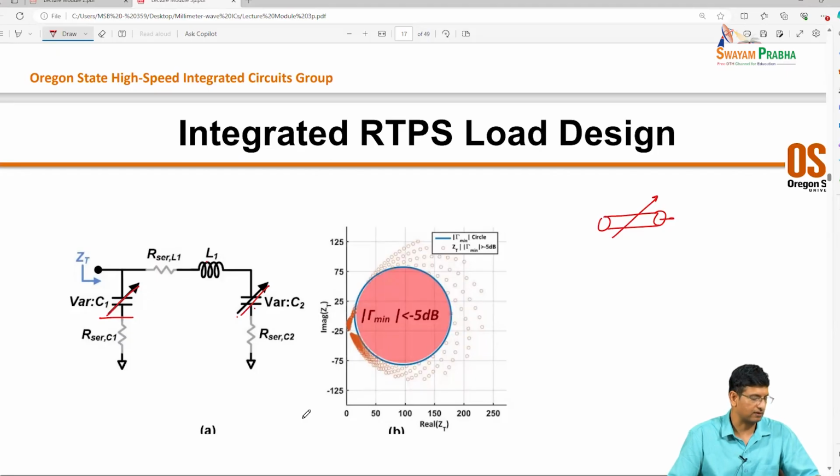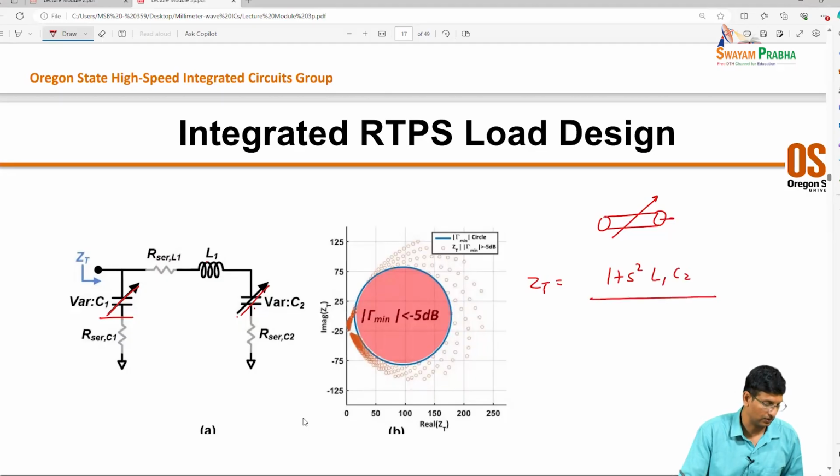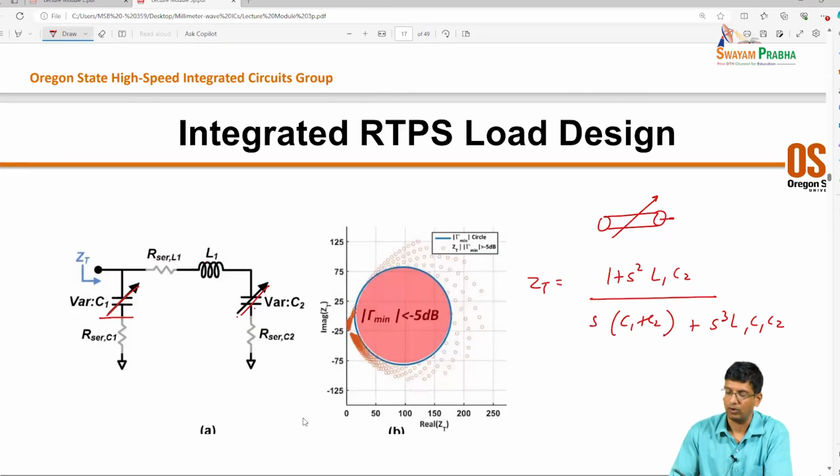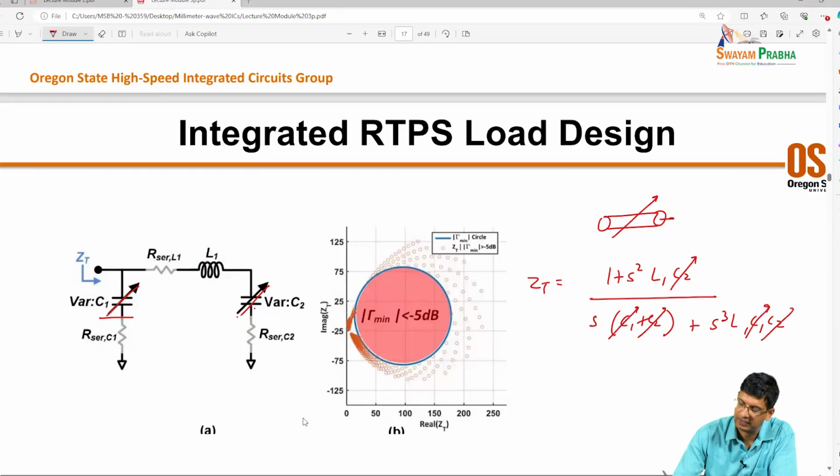basically come up with equations for these load terminations, right? But actually maybe we can skip that. I'll just write it here to show that with this higher order network, right, you can make C2 variable, make C1 variable, and this one variable, right?